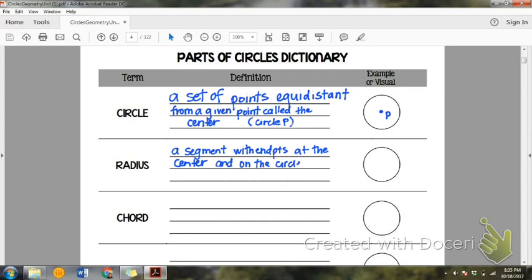So a radius is a segment whose one endpoint is on the center and the other endpoint is on the circle. If we say again that this is circle P, the radius has an endpoint on the center and an endpoint on the circle. I could call this maybe A out here. So the radius here would be segment AP. That would be my radius.